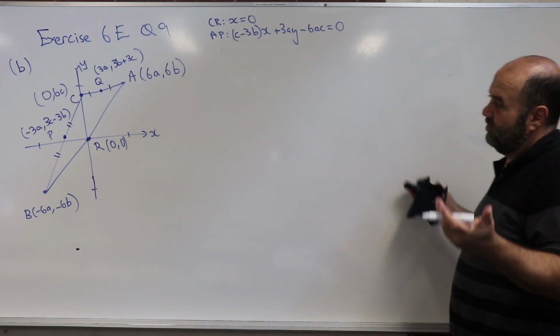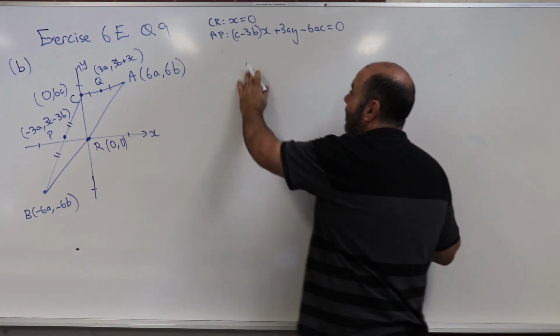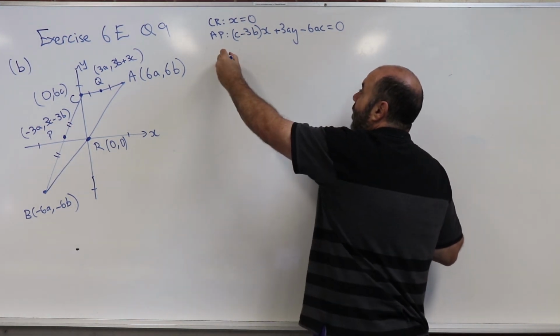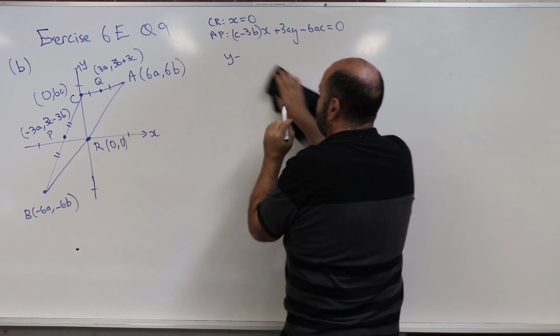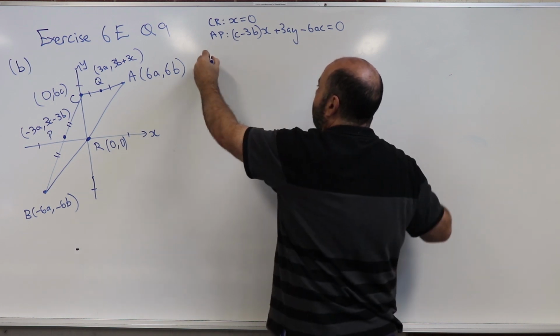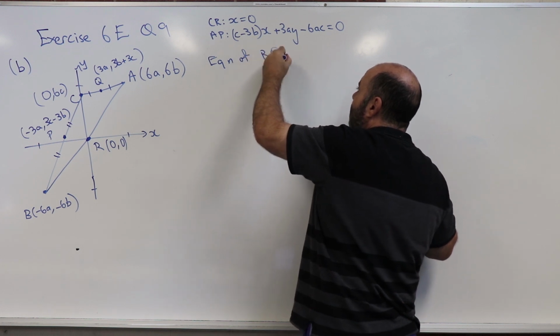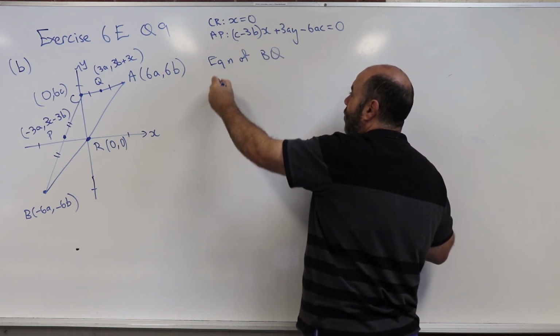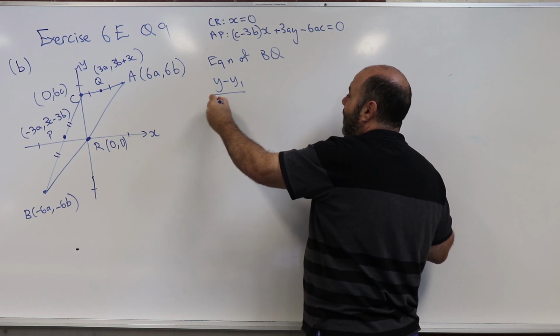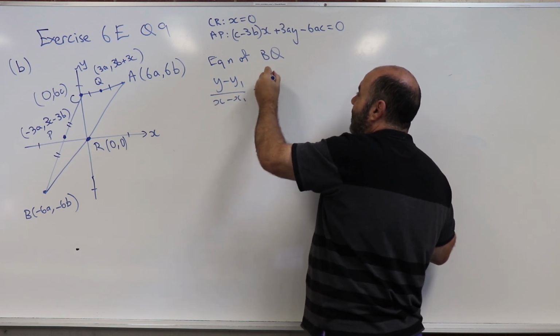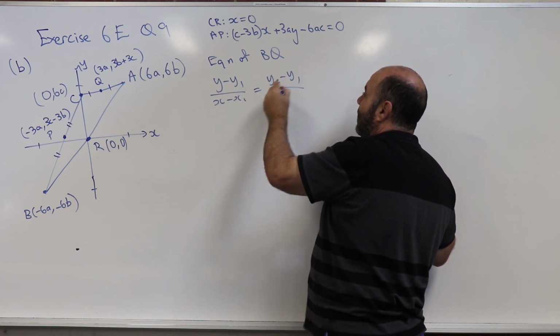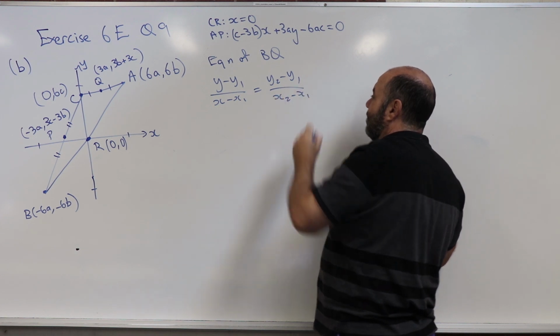Okay, so BQ, let's go. We'll just use our two-point formula again. So we should say what we're talking about here. For the equation of BQ, we've got (y minus y1) over (x minus x1) is (y2 minus y1) over (x2 minus x1).